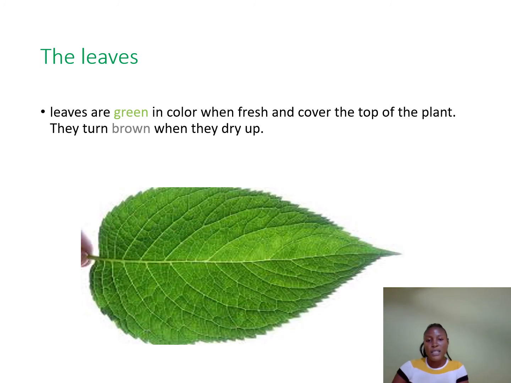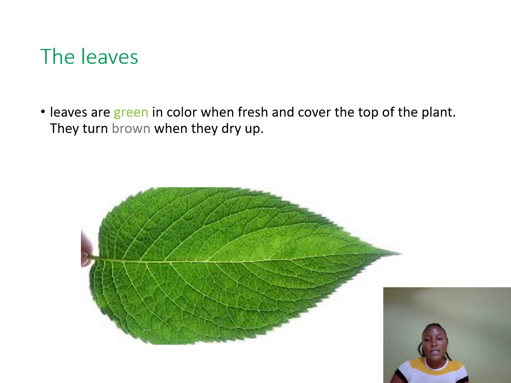Let's look at the leaves. The leaves are green in color when fresh, and we all know that the greenish part of leaves tells you that they are fresh, and cover the top of the plant.